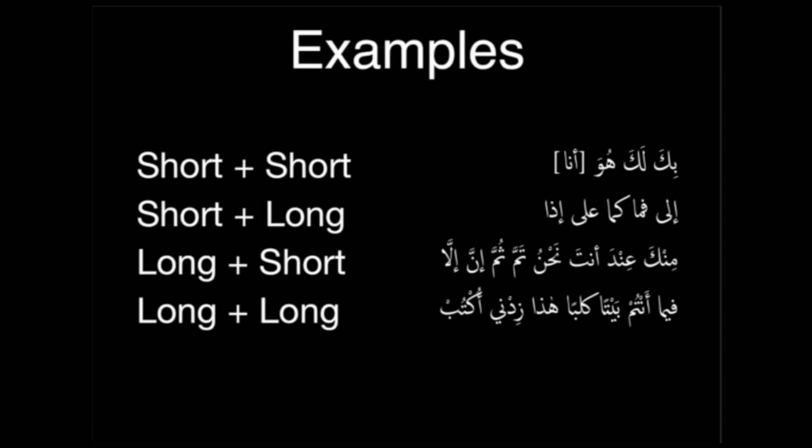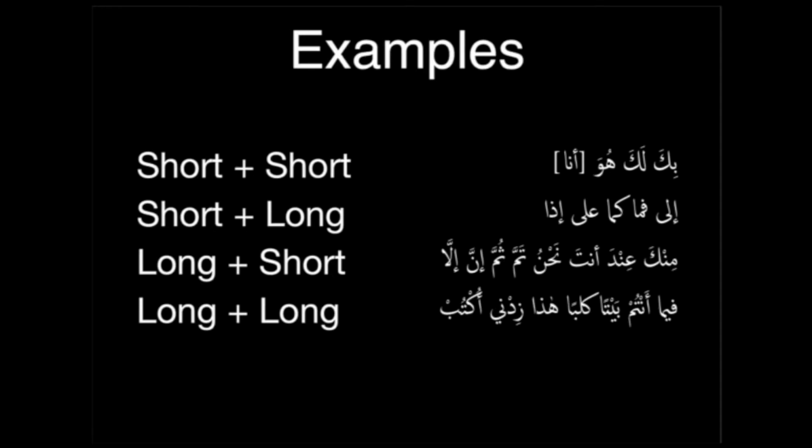So a short plus a long would be something like ila, or fama, or kama, or ala, or idha. I know I'm exaggerating a bit because I want you to be able to hear the difference between laka and kama. But it's important to understand that in Arabic, you're always going to have syllables combining. We have some two syllable words, but one syllable words are very rare in Arabic.